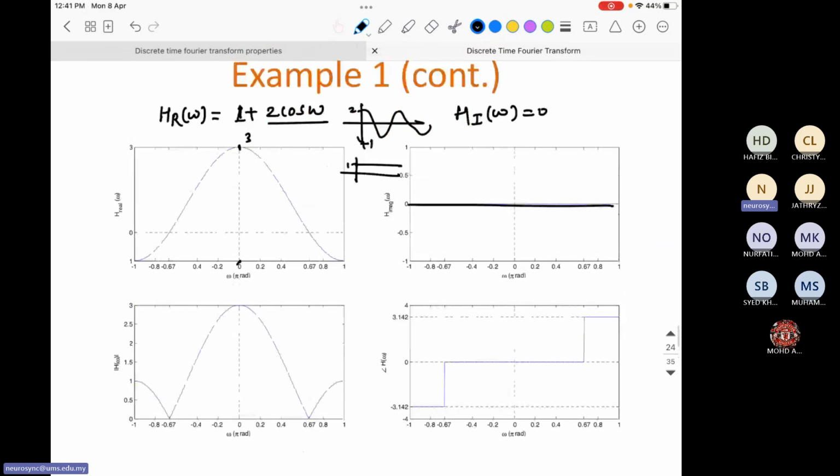Now, if you do the square of this, it is the energy function. So if you plot the energy function, it means 1 plus 2 cos omega whole square. So you will get this type of plot here. Now, if you want to plot the angle, angle is what? From minus 2 pi to 2 pi you will get here.